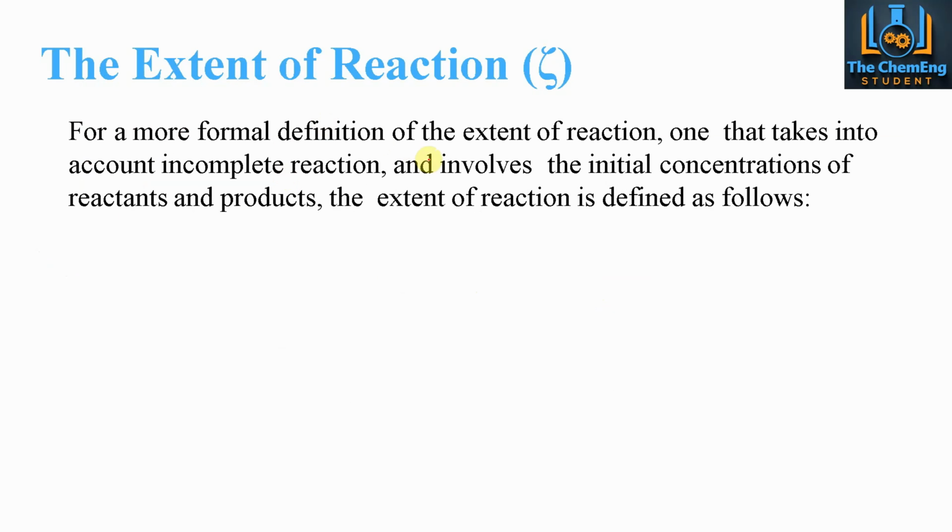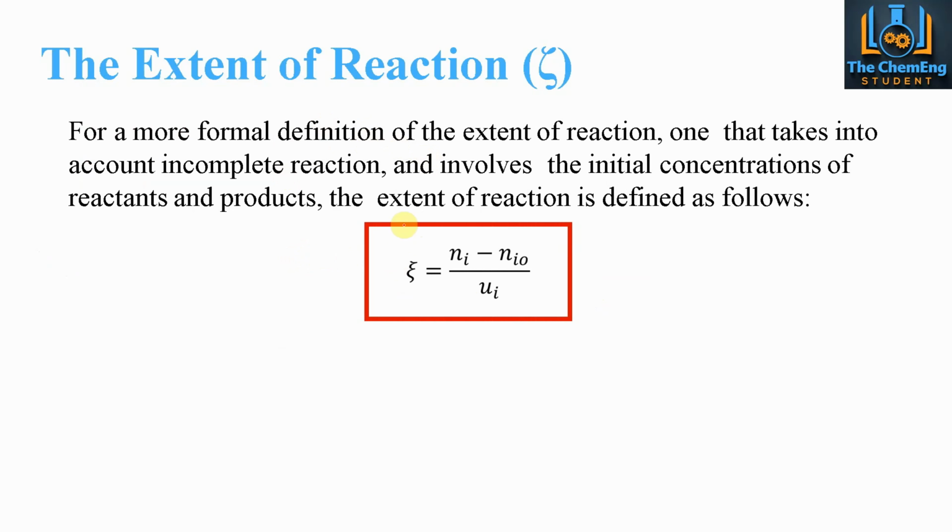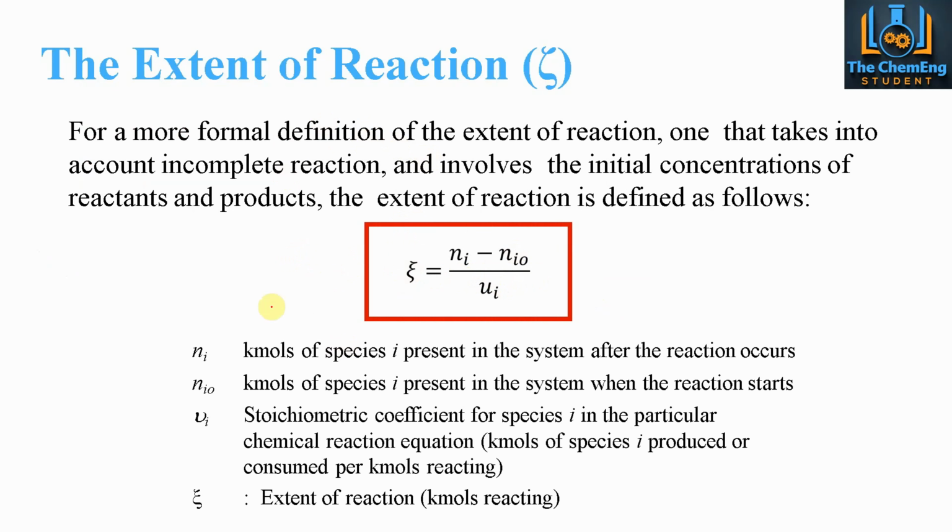So the more formal definition, and it's the same equation that we've seen, is based on the initial amounts of the reactants and the products. So Ni here is the number of moles of the species after the reaction has occurred.